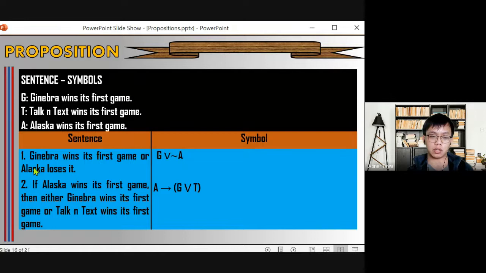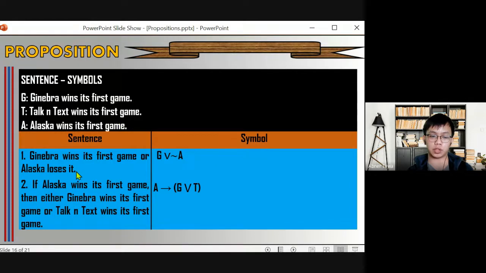Okay, and then it says here Alaska loses it. So it's not necessary that you copy all the words written here as long as it has the same meaning. So if Ginebra won their first game, then Alaska lost. So from the word win, the opposite of win is loss. Therefore, we negate the given proposition, Alaska wins its first game.